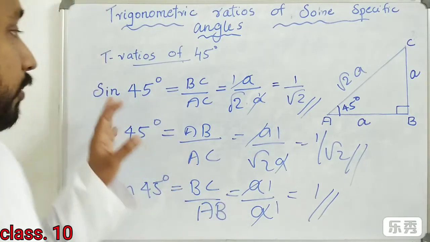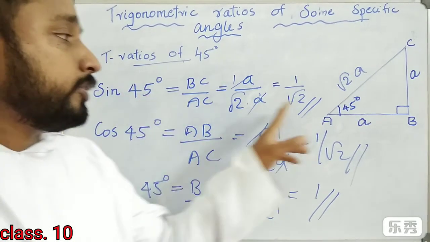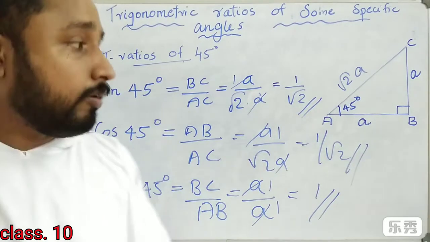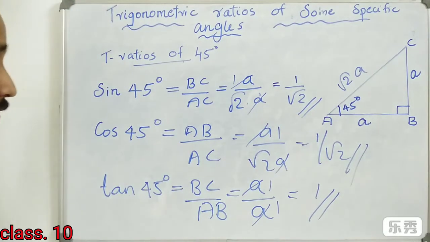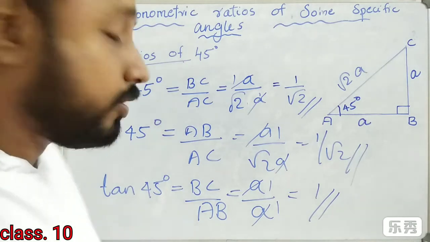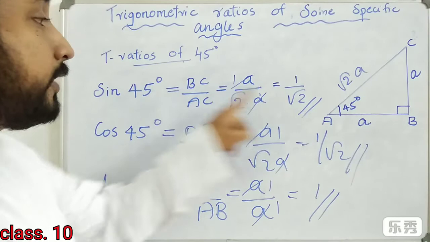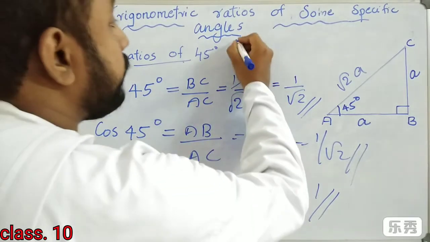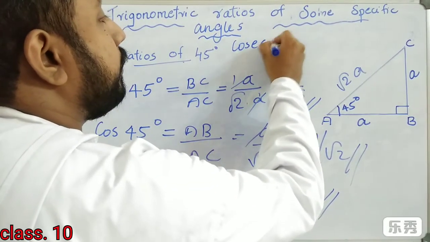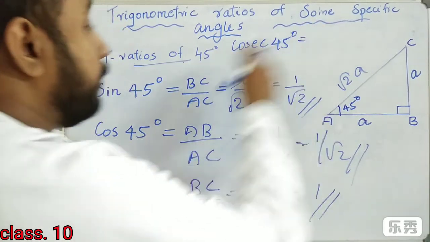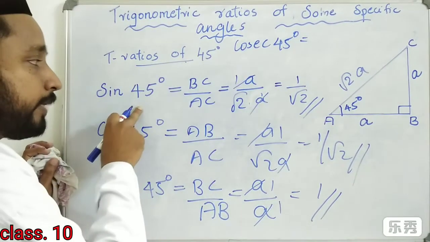So we found sin 45 degrees is equal to 1 by root 2, cos 45 degrees is also 1 by root 2, and tan 45 degrees is 1. Now, what will be cosec 45 degrees? We know cosec is the reciprocal of sin.